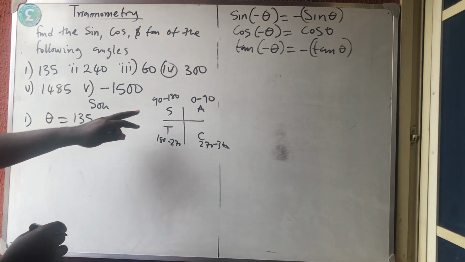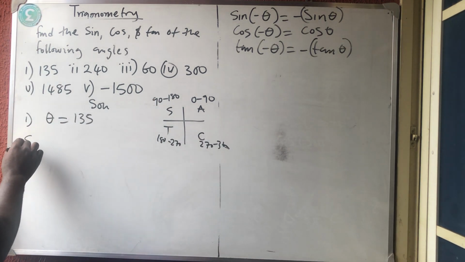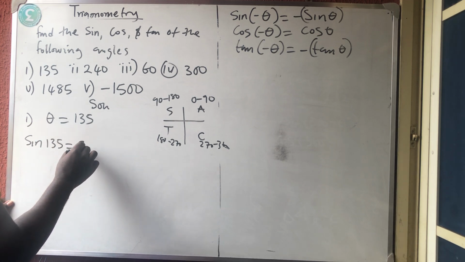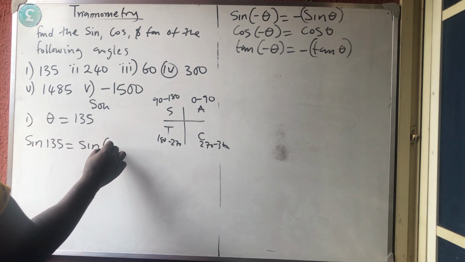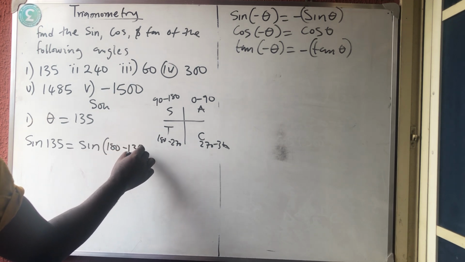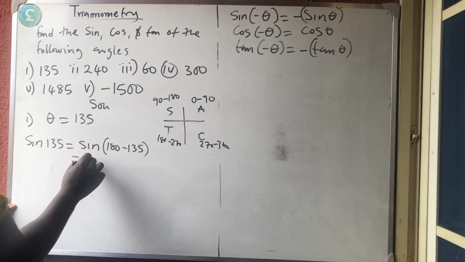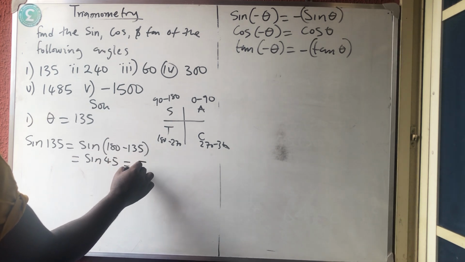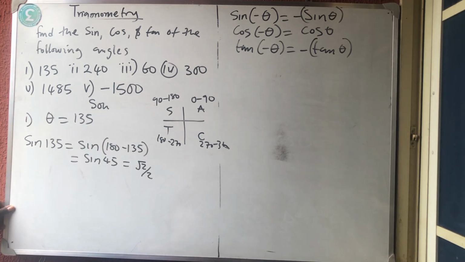So sine 135 is the same as sine of 180 minus 135. So what do you have now? Sine 45. And sine 45 is root 2 over 2. Okay?